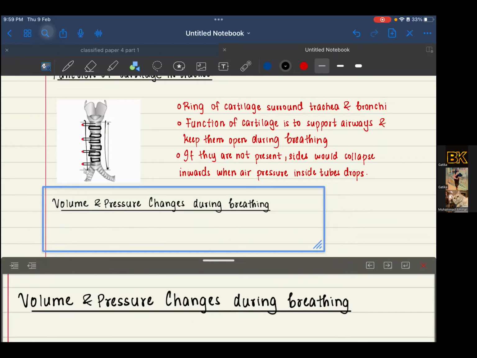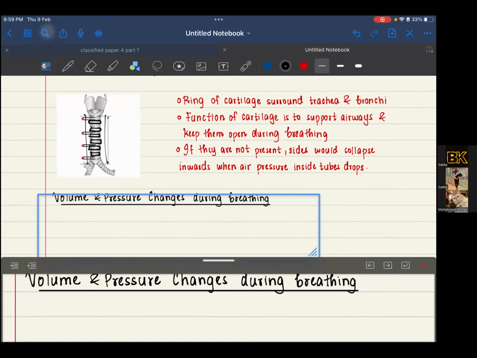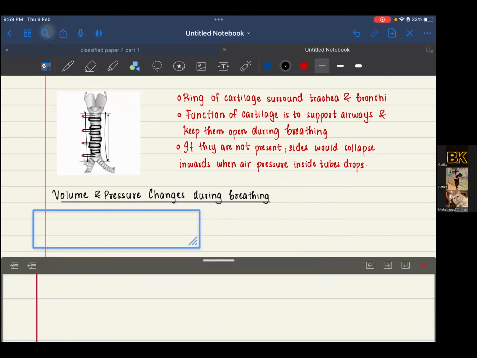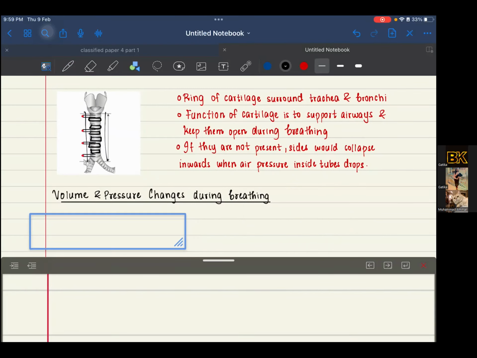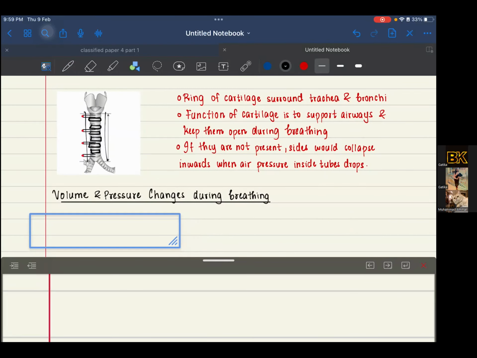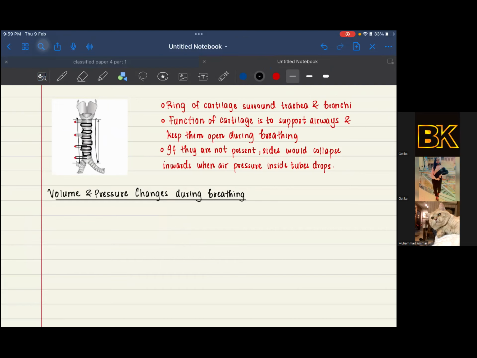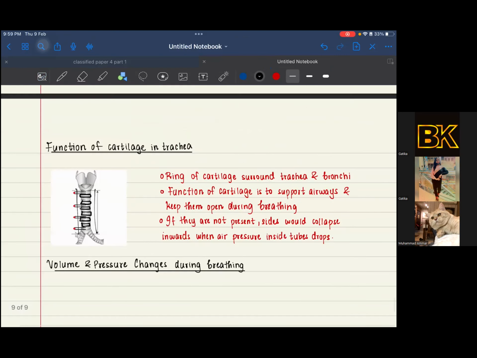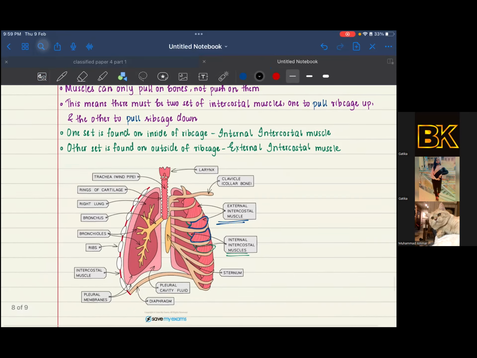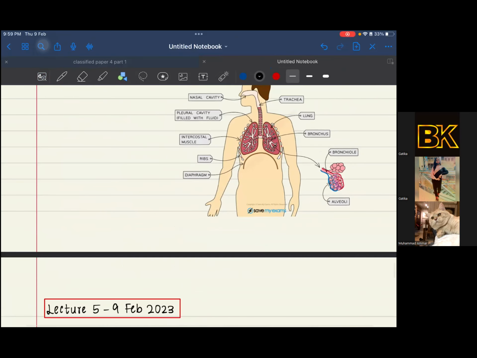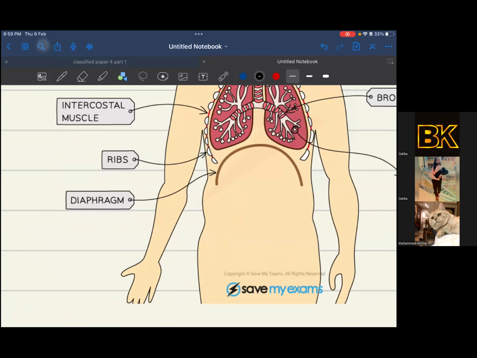Now, do you remember what diaphragm is? I'm not asking the definition, just the structure. Do you see this? The one below, right? Yeah, this brown.